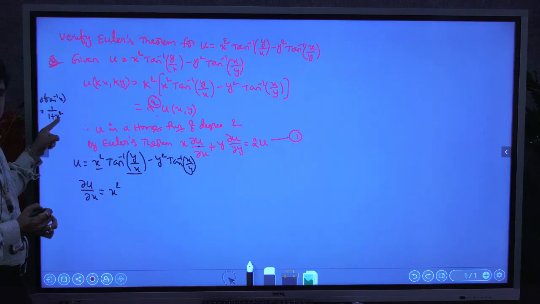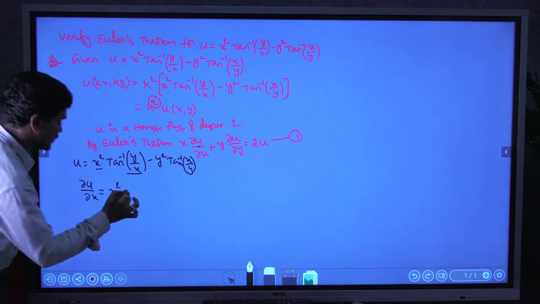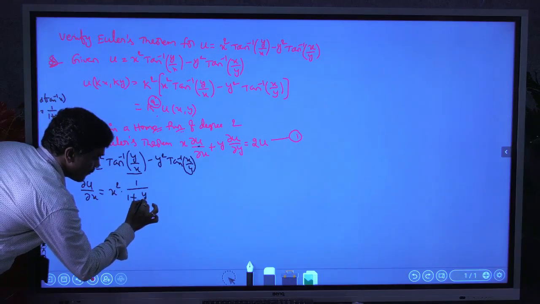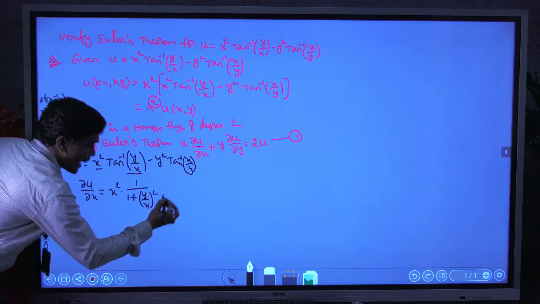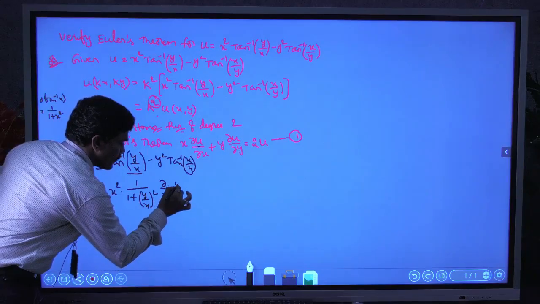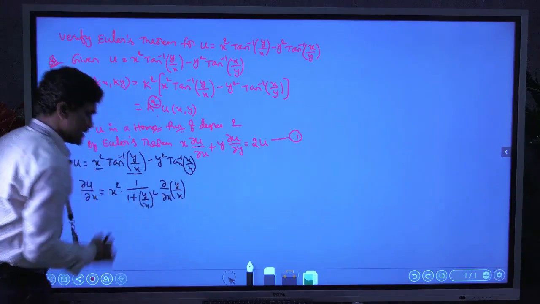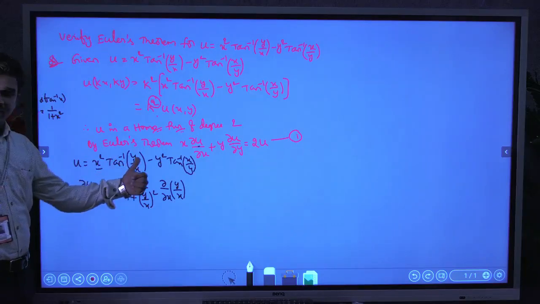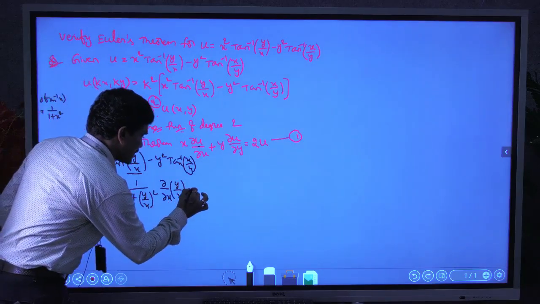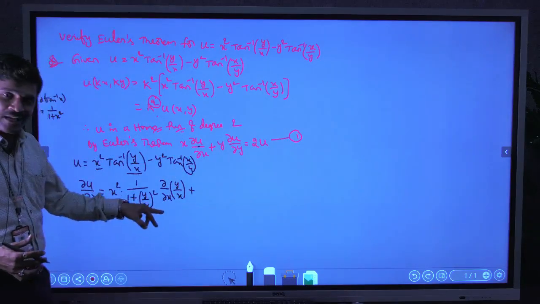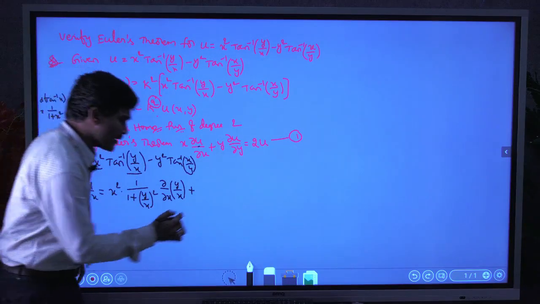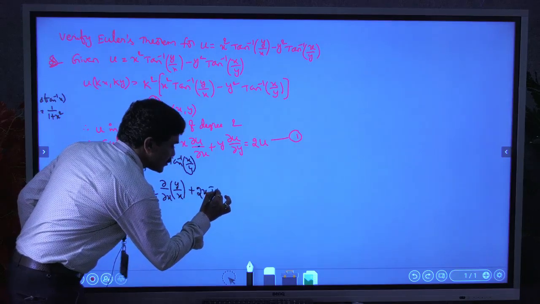In this function, in place of x we have y by x. So the derivative is 1 by 1 plus (y by x) whole square, and again the derivative of y by x with respect to x. Then plus v u dash, tan inverse y by x into the derivative of x square, which is 2x.